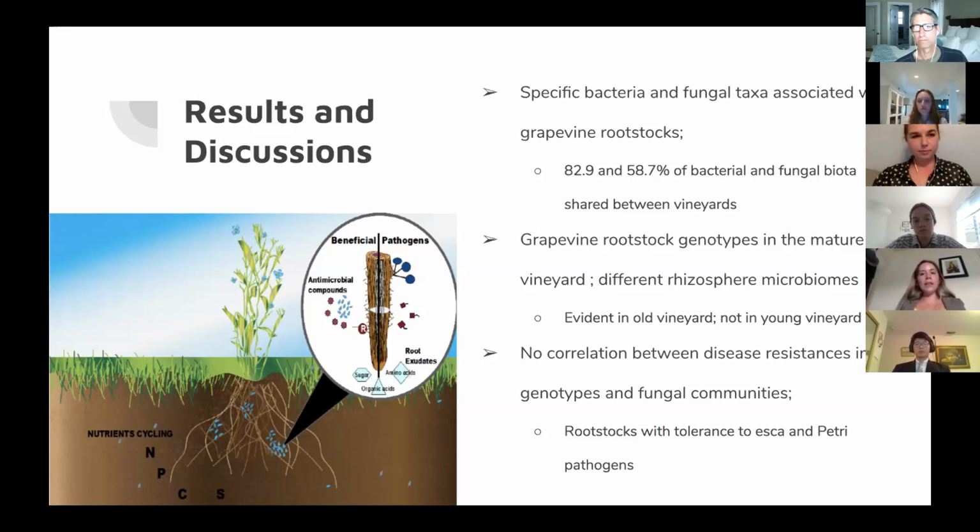So with that, they found that the genotypes in the mature vineyard had more of a differentiation within the microbiomes that were found of each genotype, whereas they did not find that with the younger vineyards. So within the mature one, each different genotype had pretty different amounts or different species found in the rhizosphere, whereas in the young vineyard they didn't.